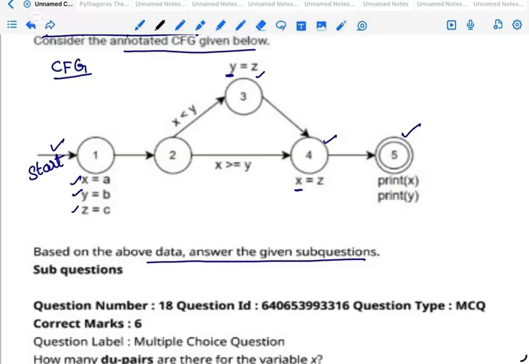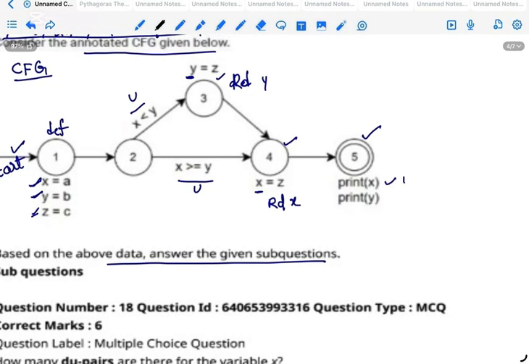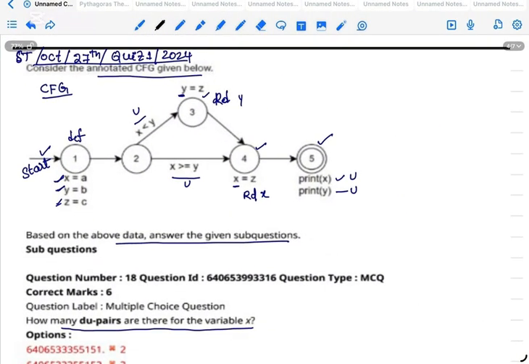And what are the uses? x is less than y is a use, and x is greater than or equal to y is a use. This is the redefinition of x, this is the redefinition of y, this is the definition of x, y and z, and these are the use cases, the use of x and the use of y. Okay, this is the control flow graph.